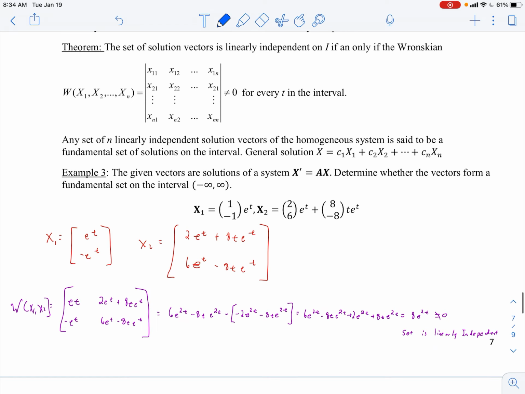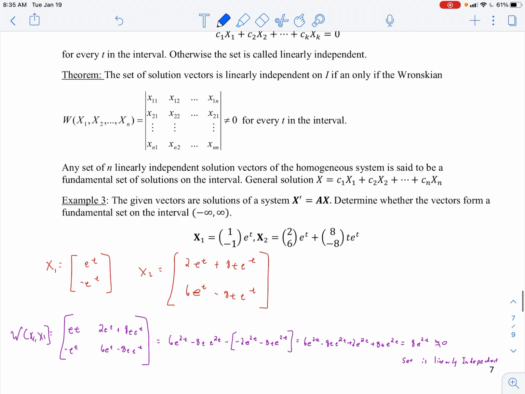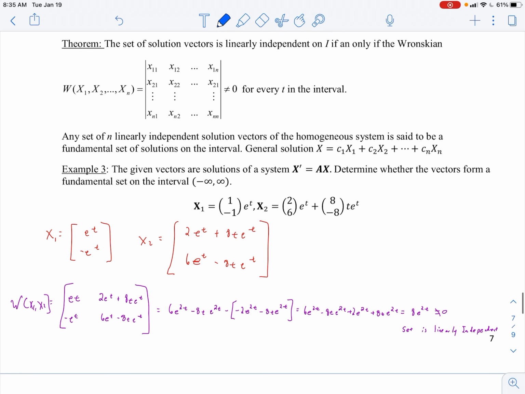So example 3. The given vectors are solutions of a system. Determine whether the vectors form a fundamental set on the interval. Here again we can see we have a homogeneous system because we don't have that plus f of t. Now let's check to see if this is a linearly independent or dependent solution.